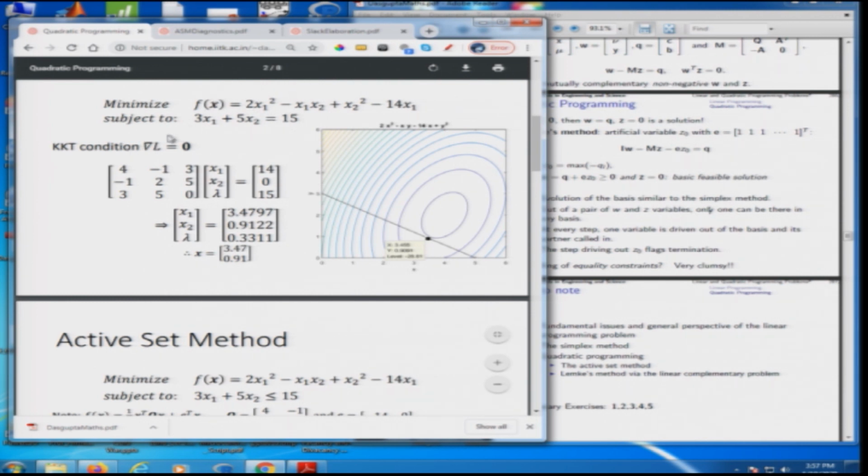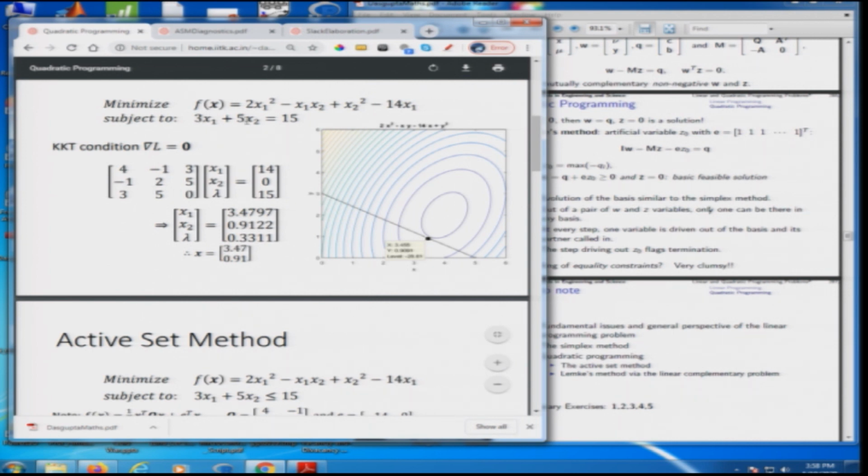Okay. So, you write the KKT conditions the way we wrote. So, you differentiate this and so on. So, these are the first two rows which are the gradient condition. Okay. So, that is 4 x 1 minus x 2 plus 3 lambda equal to 14 and so on, the second one.